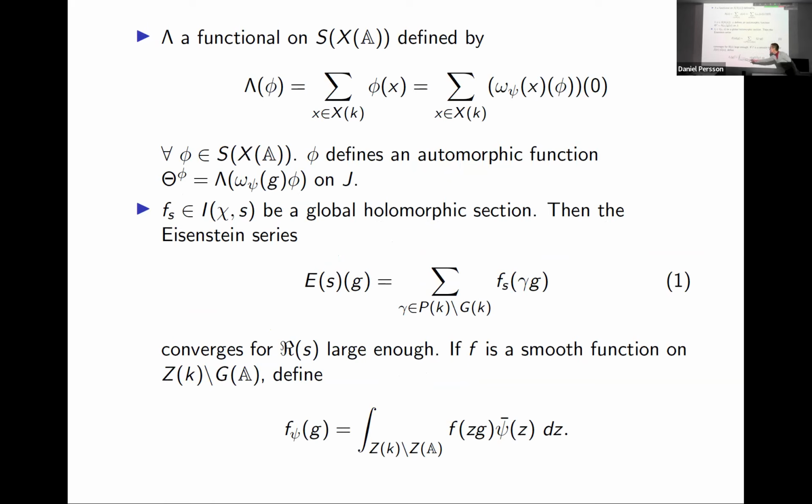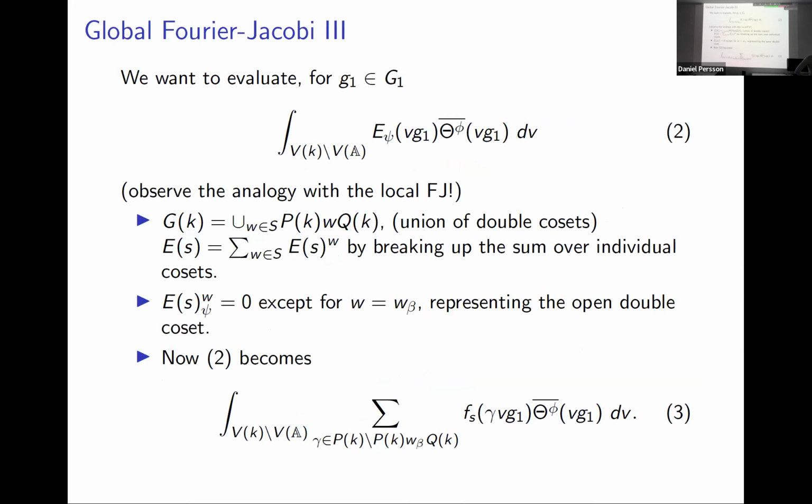And in general, this will be the notation for taking Fourier coefficients along the center, and what you want to evaluate will actually be the global Fourier-Jacobi factor. You want to evaluate this, and this is exactly the globalization of this local one.